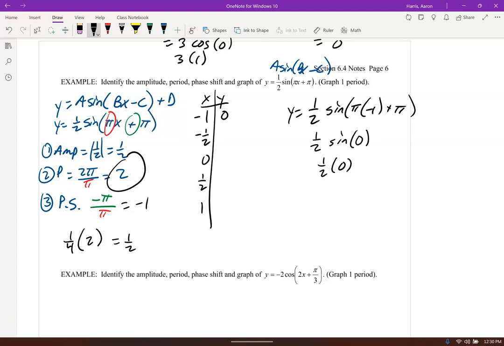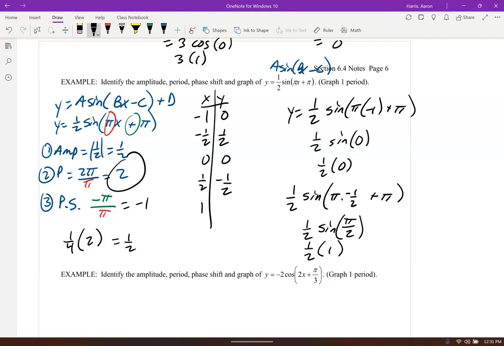I could plug in negative a half, and I'd get a half sine of pi times negative a half. So I got negative a half plus pi, so that'll give pi over 2. And I know the sine of pi over 2 is 1, so I got a half times 1, which is just a half. And I could plug in these other ones as well.